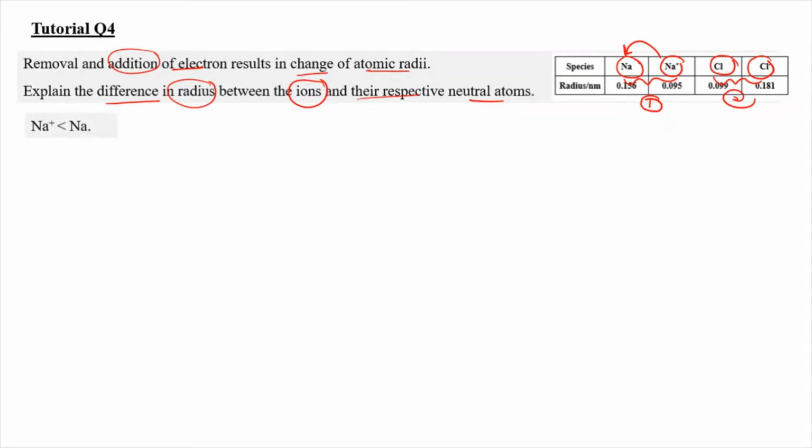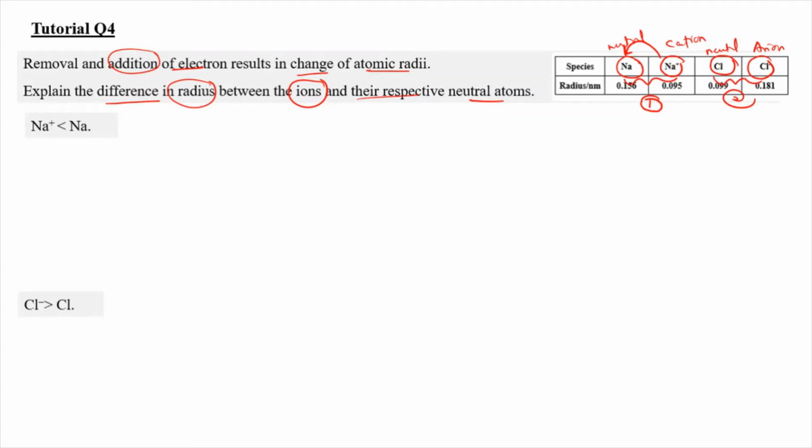So first, we can say that sodium plus, which is the cation, will always be smaller than the neutral atom. And for the second species here, we can say that the anion will always be larger than the neutral atom. Okay, so this has been covered in lecture, and the answer is essentially similar.